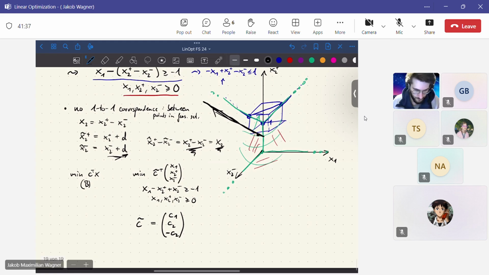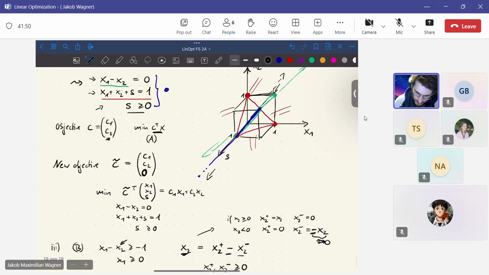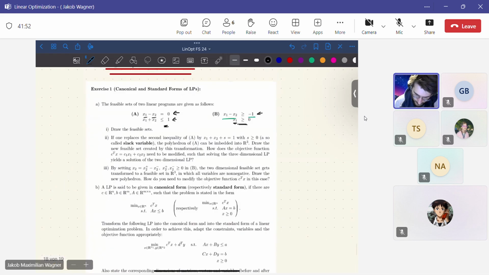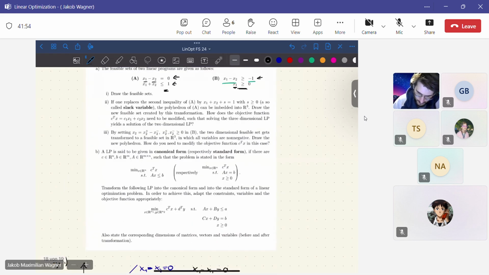All right. So we've seen how we can rewrite those constraints for simple problems. And now we want to do this in a more general form. So if we have some linear program, we have a very general form.